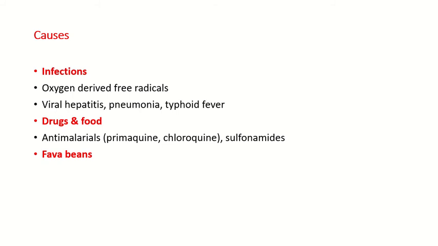The most common oxidative agents are different infections which produce oxygen-derived free radicals, including viral hepatitis, pneumonia, and typhoid fever. Different antimalarial drugs, for example primaquine, chloroquine, and sulfonamides, and certain beans, fava beans, lead to hemolysis in patients with G6PD deficiency.